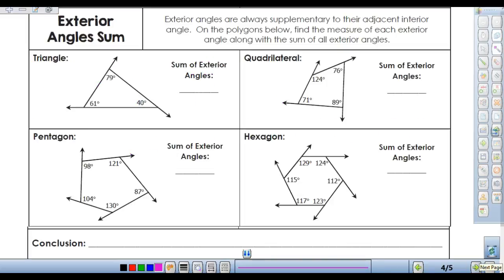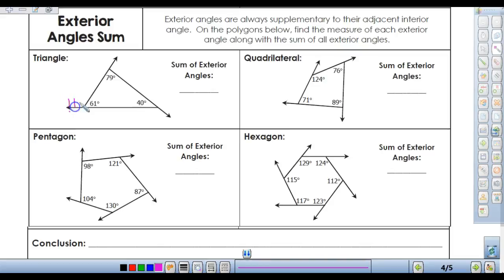All right. Exterior angles. Remember, exterior angles are on the outside. So this angle is 61. My interior angle is 61. What's my exterior angle have to be? 119, because those make up what do they call it?